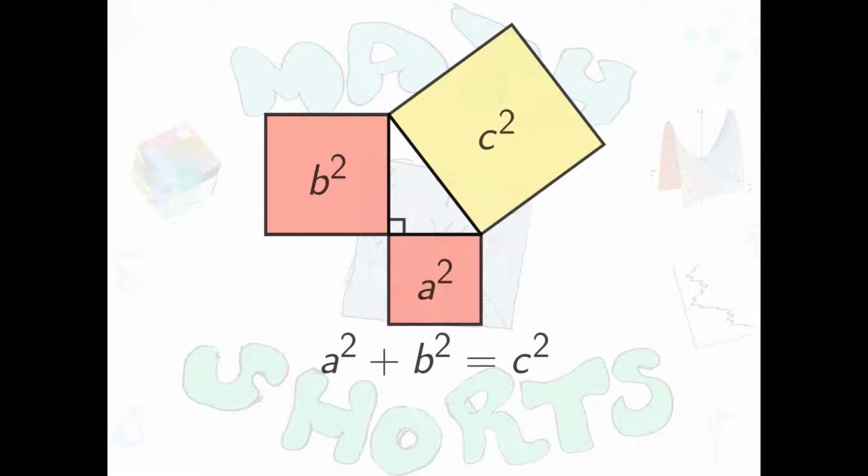Now, this has many uses, and we'll explore some of these in later editions of Math Shorts. But today we're going to look at something really important, and that's the idea of proof. We have this a squared plus b squared equals c squared, and it's a relationship that holds for every possible right-angled triangle that we have.